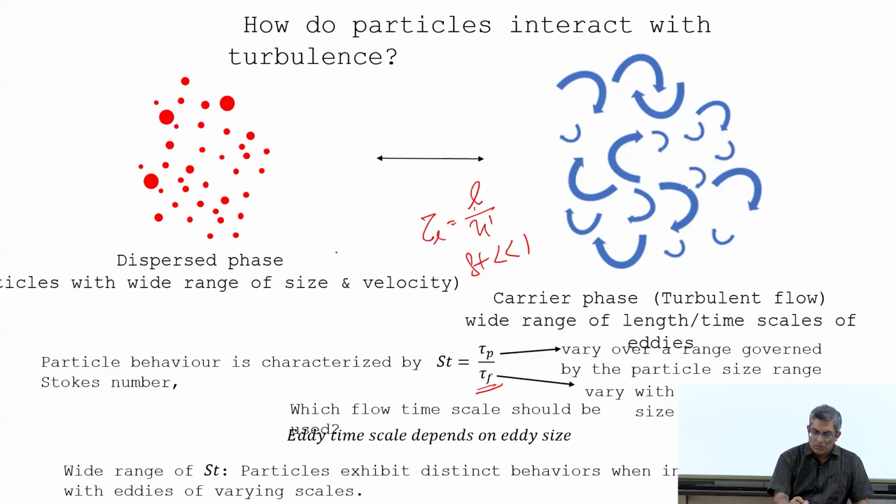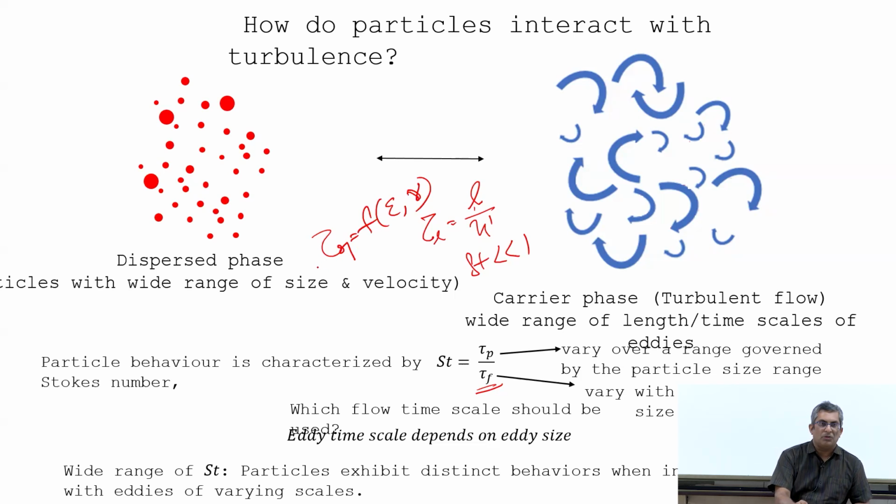But now if you calculate the Stokes number based on the Kolmogorov scale, so how do you calculate the Kolmogorov time scale? We know that it's a function of dissipation rate and the kinematic viscosity. Okay.